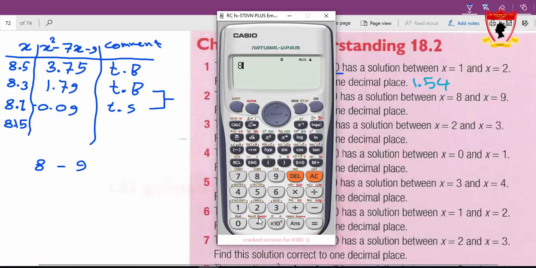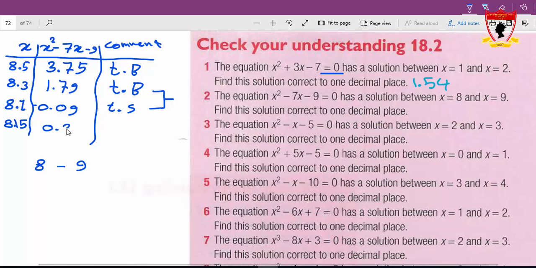Let's try it. 8.15 power 2 minus 7 times 8.15, then minus 9. This answer is 0.37. So the answer became bigger. It's too big. Now between the latest too small and the latest too big, the answer must be between 8.1 and 8.15. We can say it's between 8.10 and 8.15.